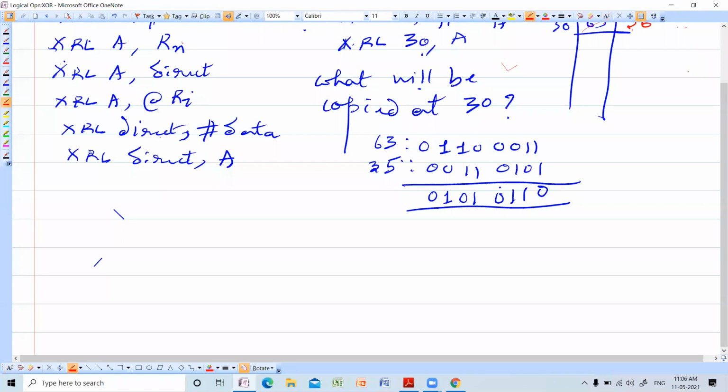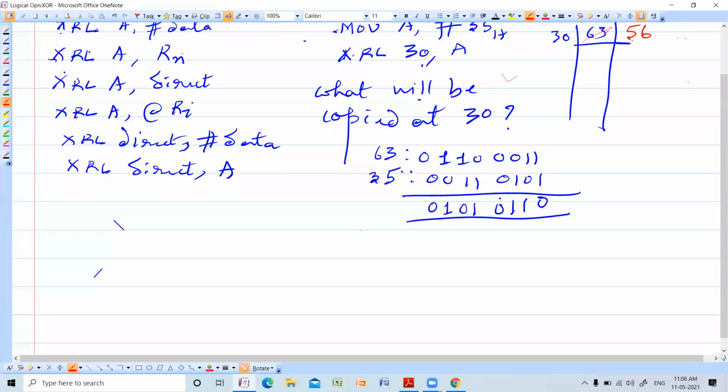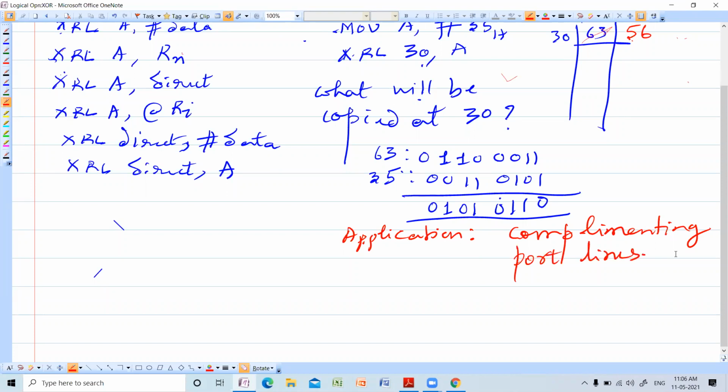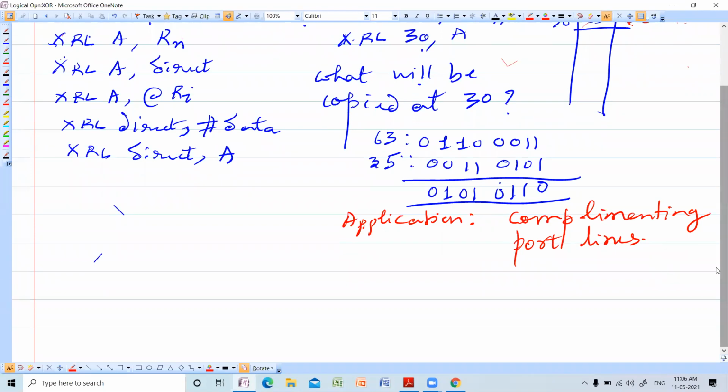So now I was talking about the application. What is the application of this? Complementing port lines. This is the application. How do you understand that complement operation is performed?